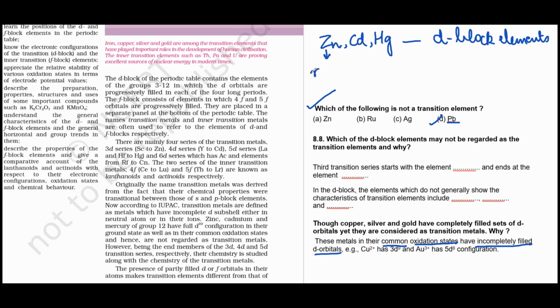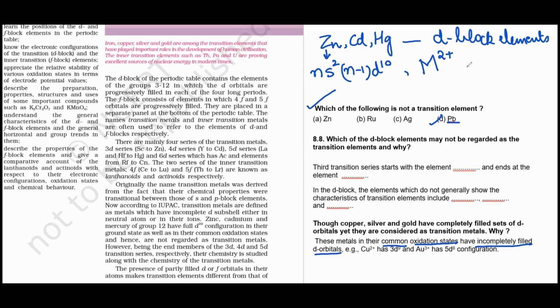Zinc, cadmium, mercury in general have the configuration ns2, (n-1)d10, and their common ion is the M2+ ion, that is the Zn2+ ion.